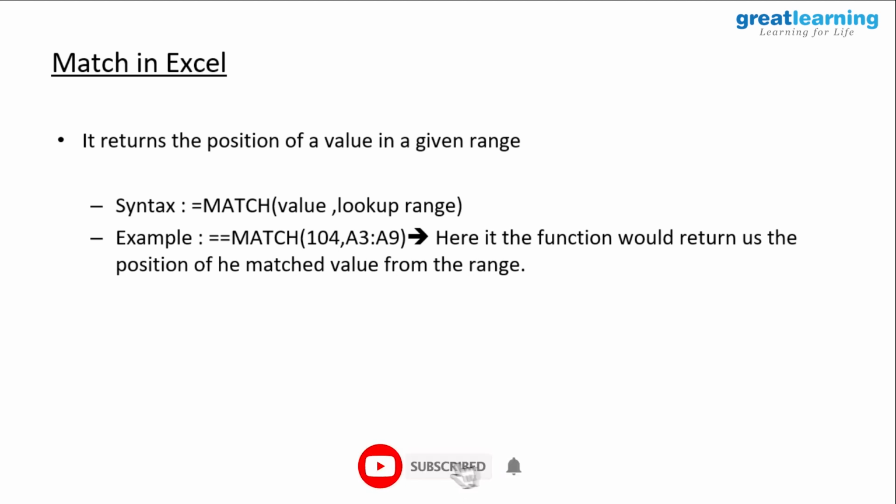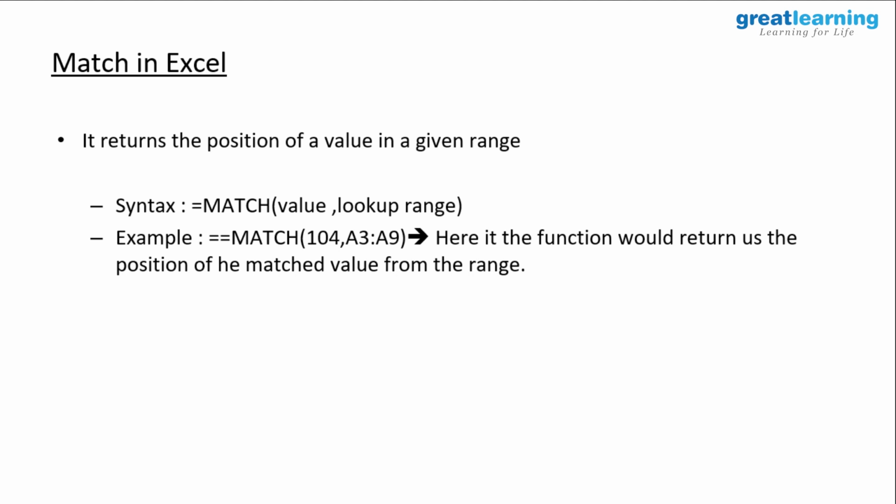That entry could be anywhere in the range. So you know that particular value, but you don't know its position or index, so as to check all the other details of that value. So what you would do in this case is use the match function.